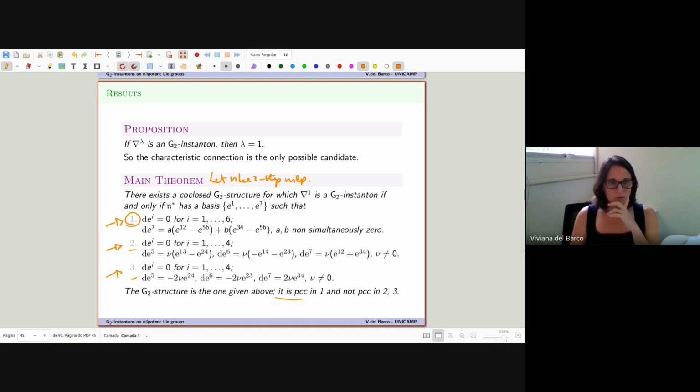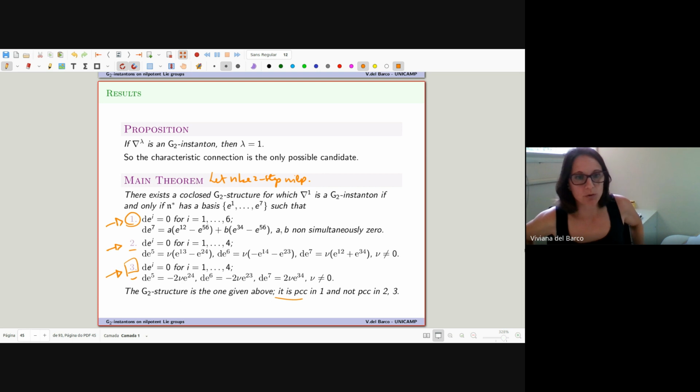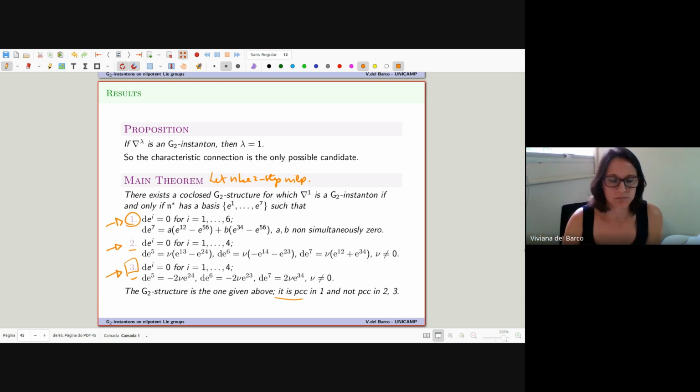And the third one, as Lie algebras, are the same as the Ivanov, but the G2 structure is different because ours is coclosed, and the Ivanov example is not coclosed. It has different torsion. So, as far as we know, this is a new instanton. The second we included in the classification, and the first one was for sure very well known.